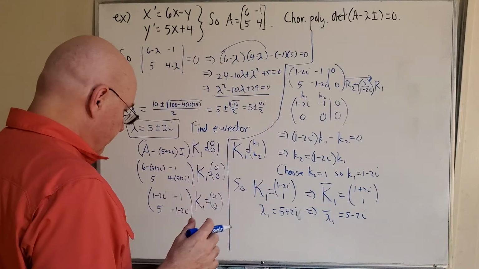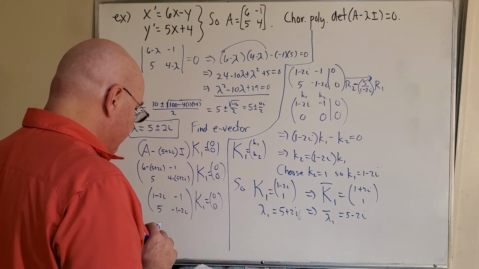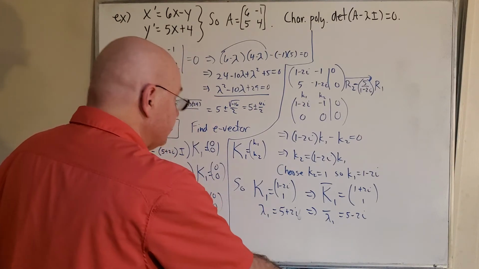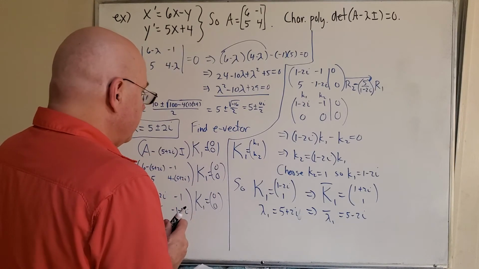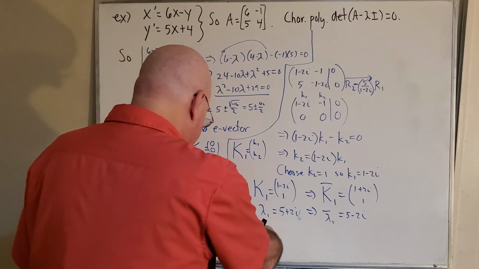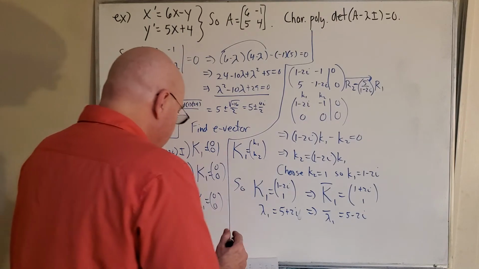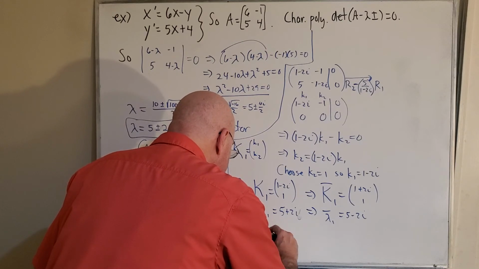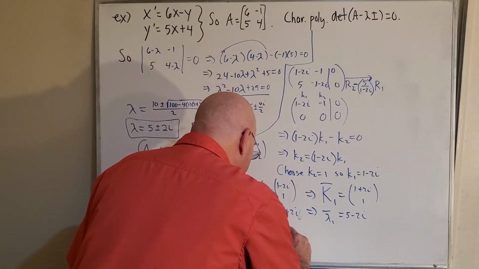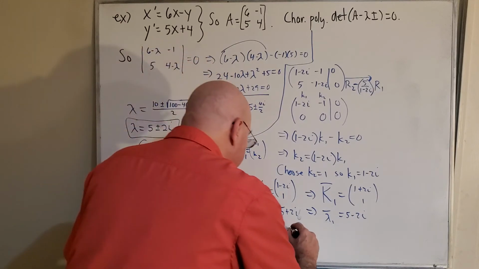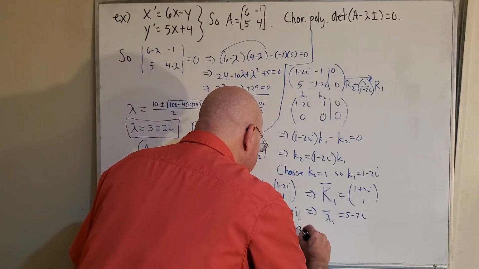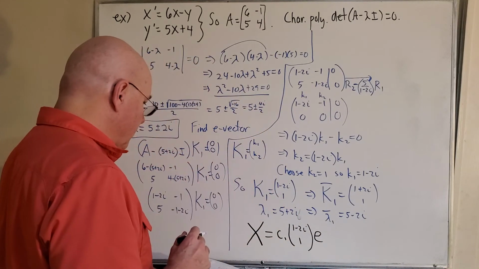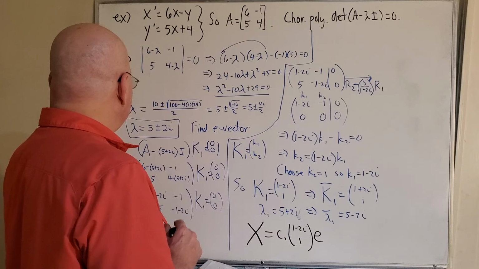So I'm going to write the solution down because we can just use that theorem. And I'm going to write it in black. Maybe I have not enough room to write it down here. Using the theorem, we've got the solution being x is equal to c1 times k1, 1 minus 2i, 1, e to the lambda 1 t. Lambda 1 is 5 plus 2i.